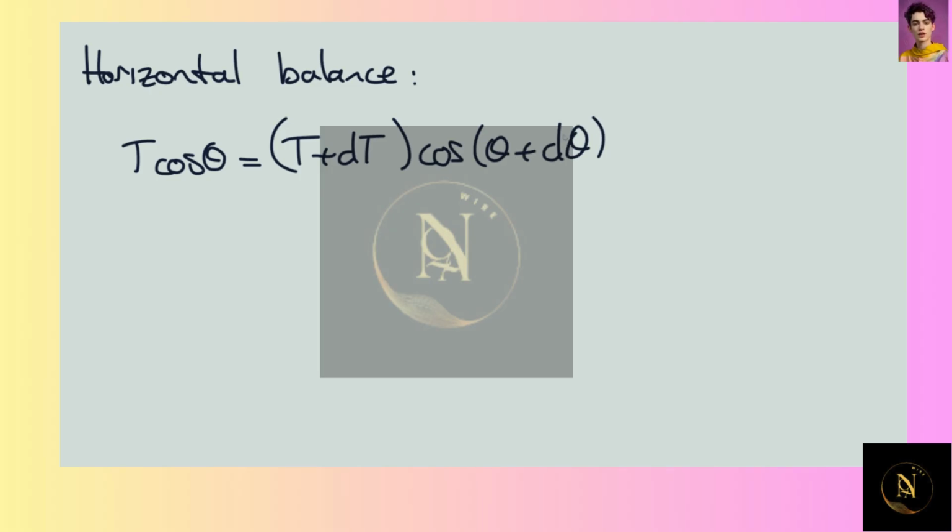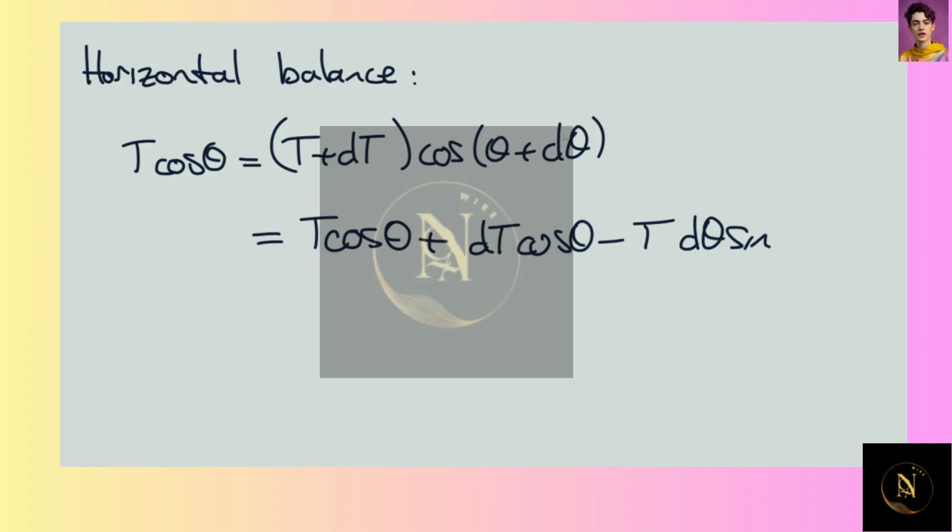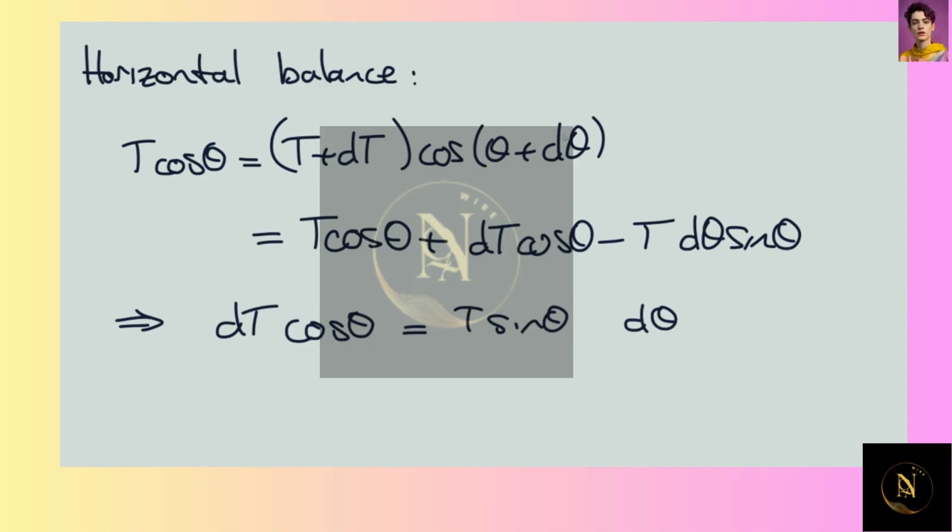So expanding this side and keeping only terms to first order in the differentials, we get T cos theta plus dT cos theta minus T d theta sine theta. And this tells us that dT cos theta equals T sine theta d theta. So dT by d theta is tan theta times T.